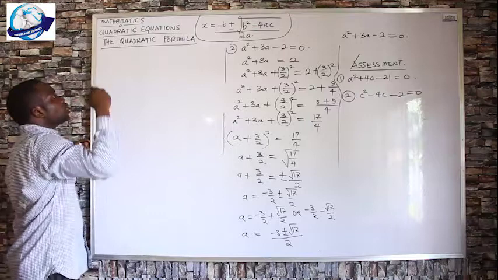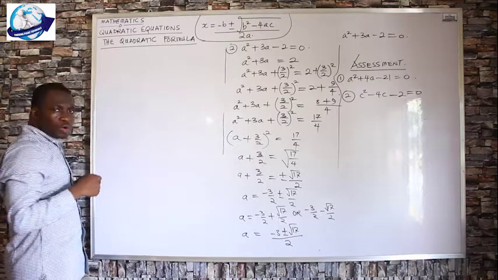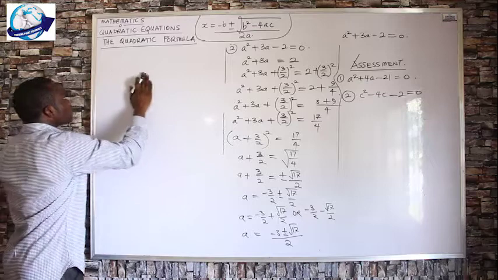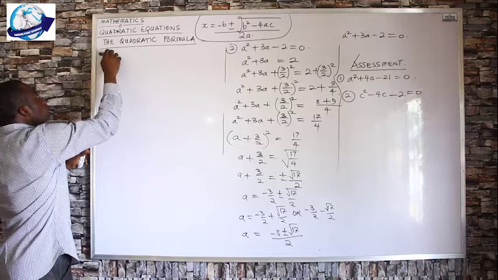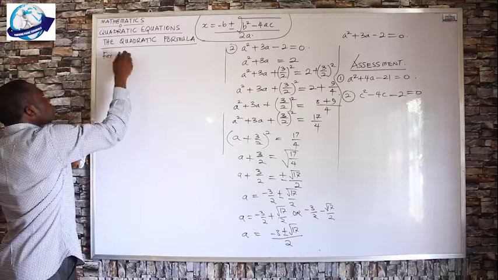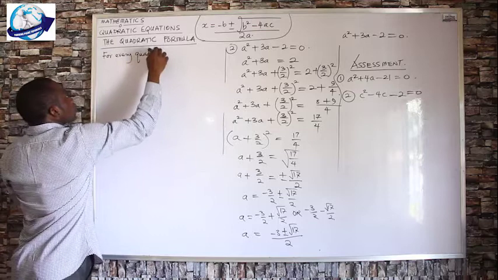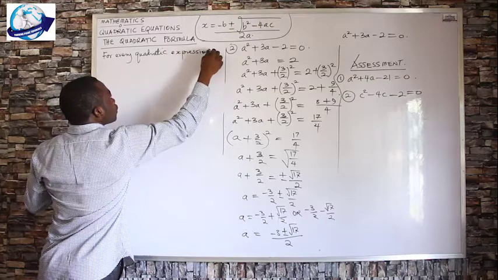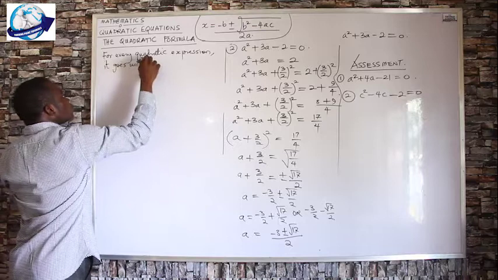The next thing is, how do we get this formula? Then you have to recall the general expression of every quadratic expression. Recall that for every quadratic expression, it takes this format.